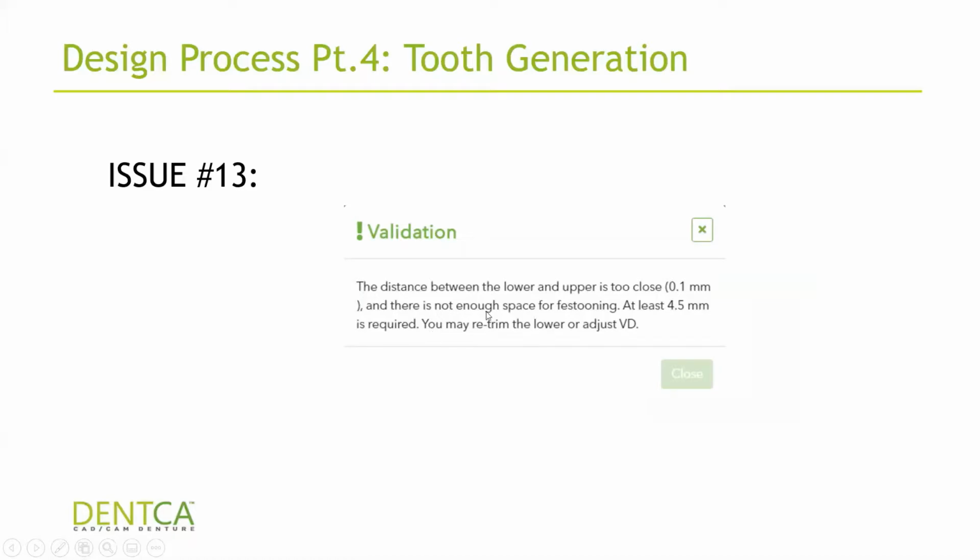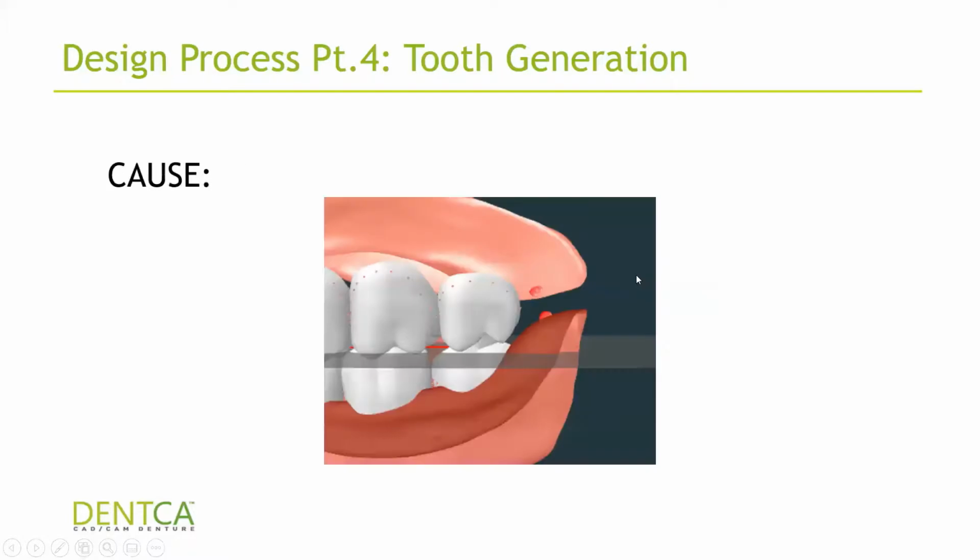Another issue you could encounter is this error when you're about to send to generation on the final step. You can get this error that says the distance between the lower and the upper is too close. This basically is telling you that the vertical dimension is very limited, and it's going to create these two little red dots that are saying that when the gum shells generate, the gum shells would be hitting one another.